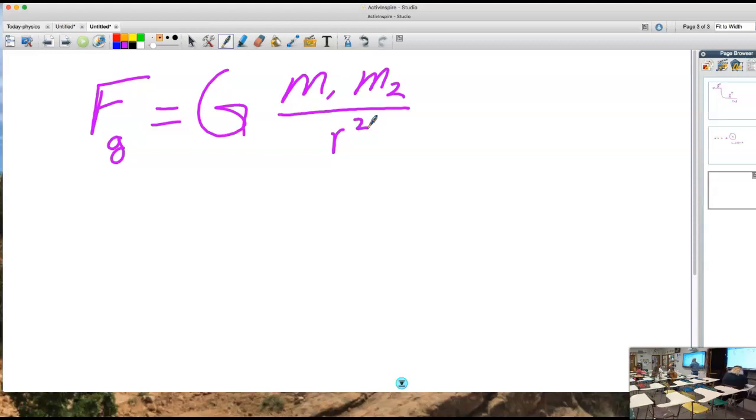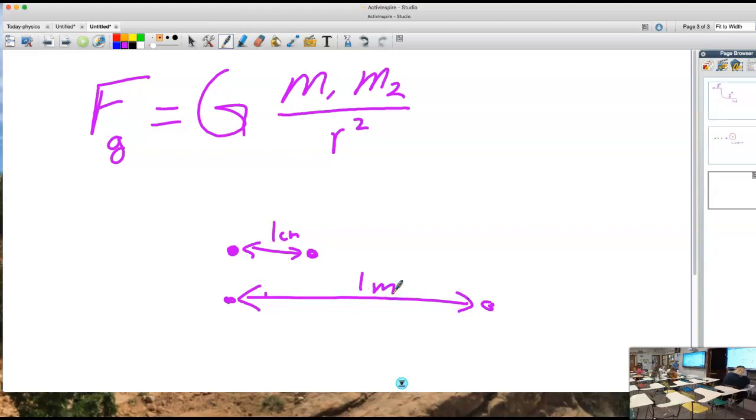So it depends on what things. What can we change to change the force of gravity, according to that formula? The radius. What is the radius? That's the distance, right? So if I have two objects that are 1 centimeter apart and two objects that are 1 meter apart, which one's going to have the strongest force of gravity?